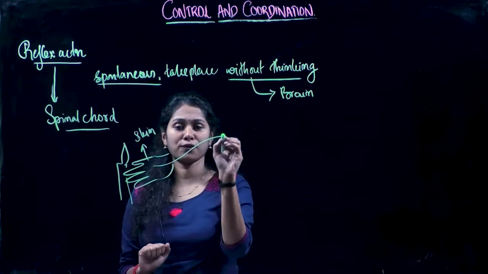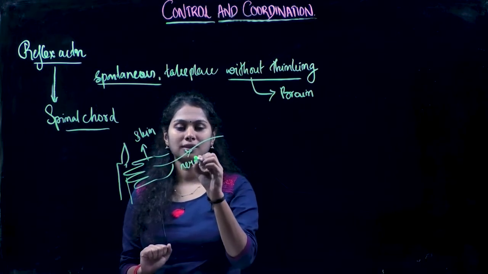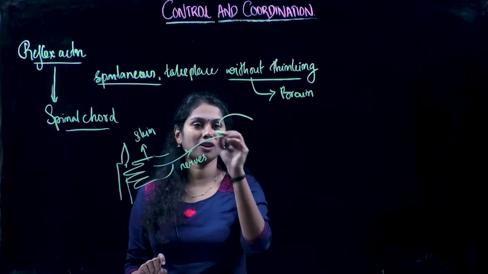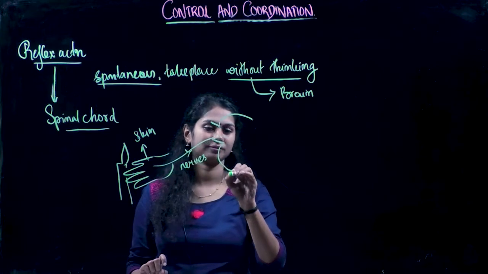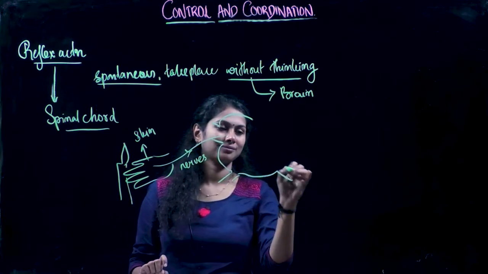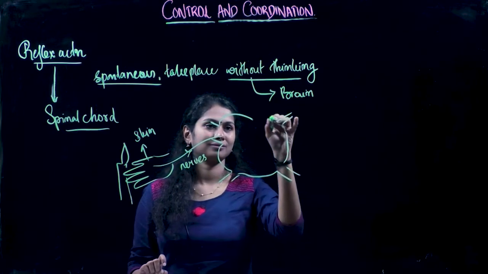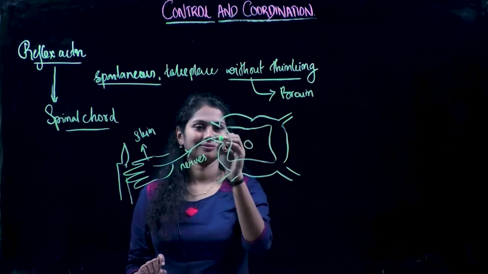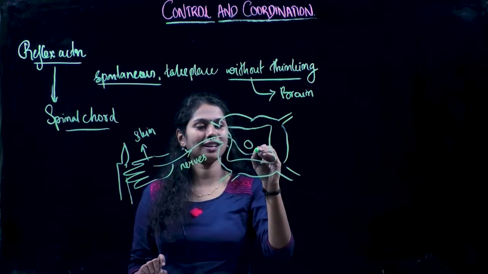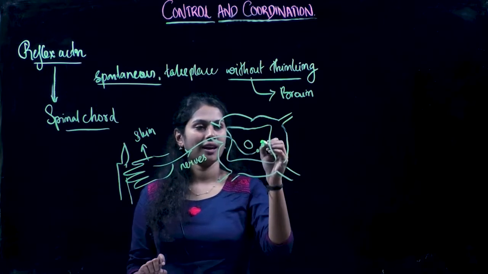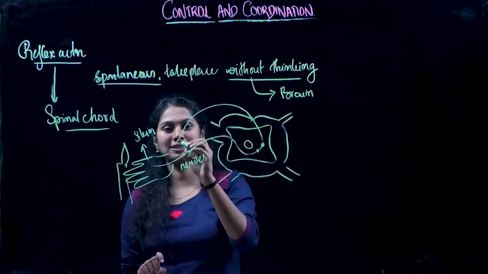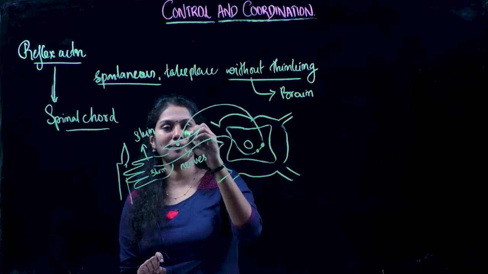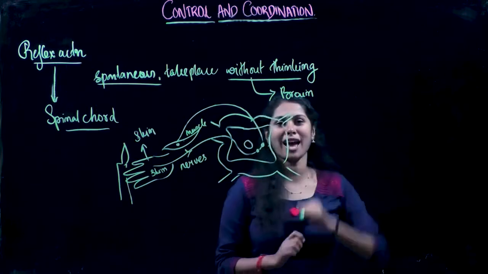A response by the help of nerves moved from these receptors of the skin to the spinal cord. And here it integrated with another neuron and it went back to my hand muscles. It was from the skin and it went back to my muscles to ask them to take my hand off.